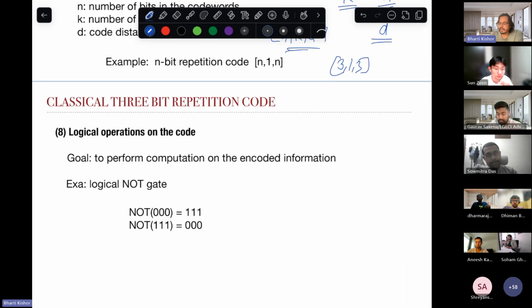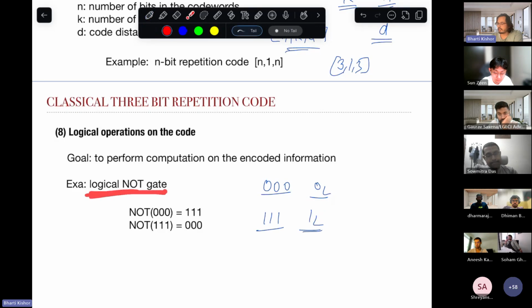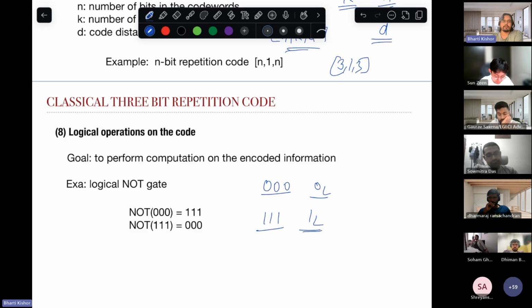Now you have done encoding, but that's not all. You want to do some computation on the encoded information. So for example, you had 000, which is 0 logical, and then you had 111, which was 1 logical. And suppose you want to go from 0 logical to 1 logical, you can apply this logical NOT gate. Its action is the same as the NOT gate in the regular setting.